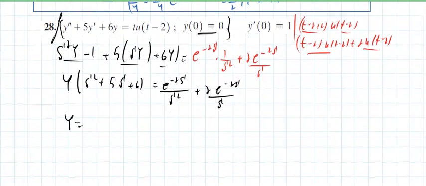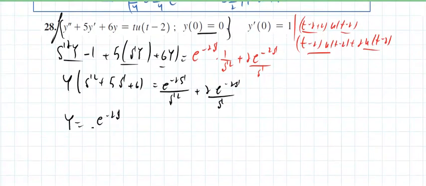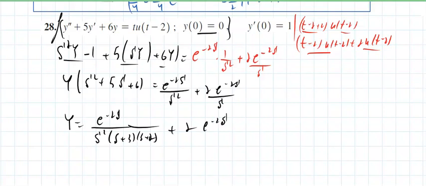So Y is going to equal e to the negative 2s over s squared into s plus 3 into s plus 2, plus twice e to the negative 2s divided by s into s plus 3 into s plus 2.